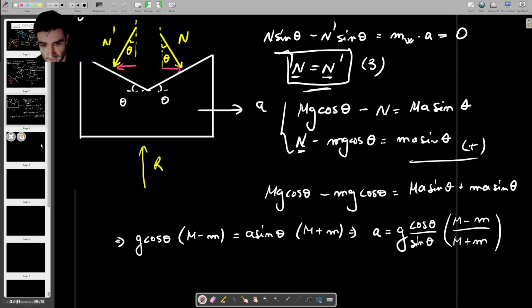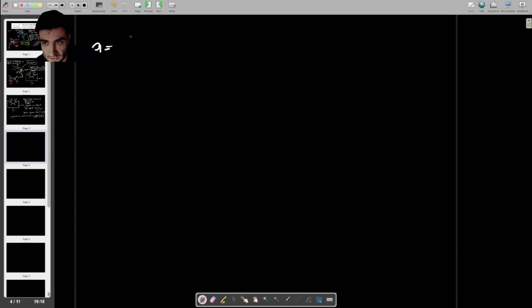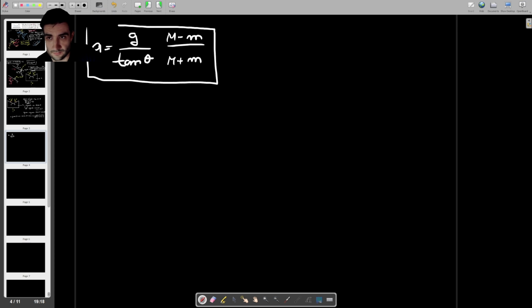And then we can say that the acceleration is g divided by tan theta, and then we have M minus m over M plus m. Yes.